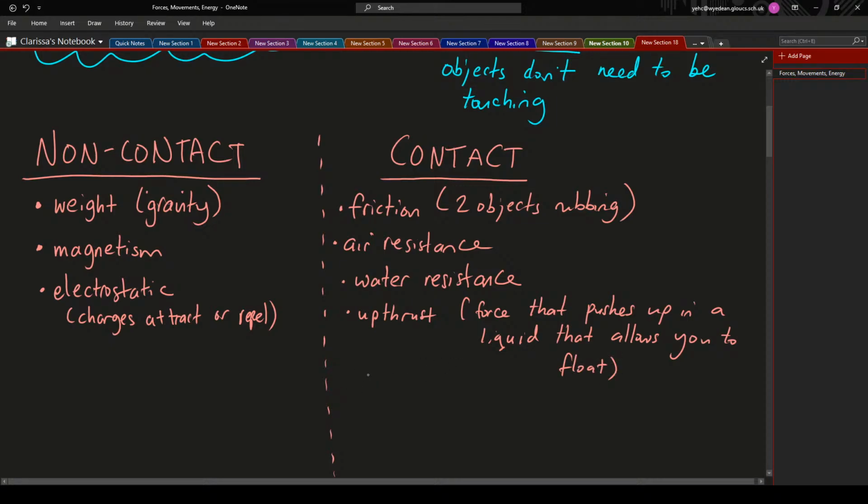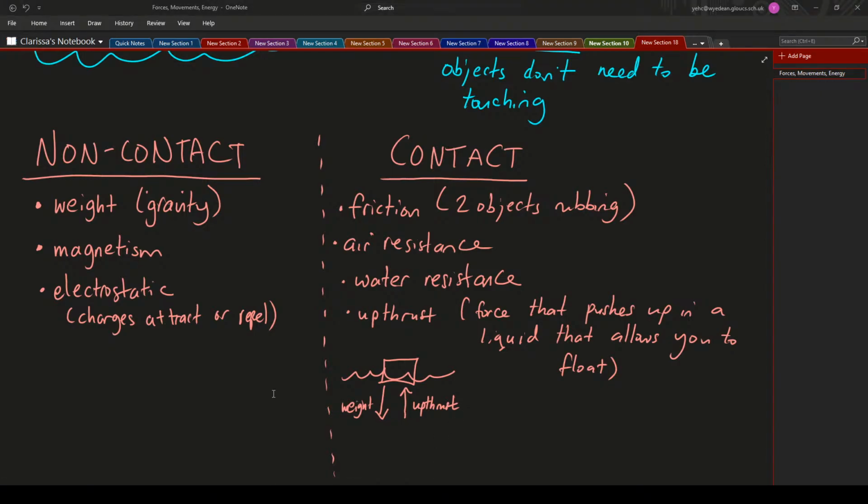So let's say that we had some water and we had an object in the water. Weight is pulling the object down, but upthrust is pushing the object up, which allows it to float. So we also have upthrust.